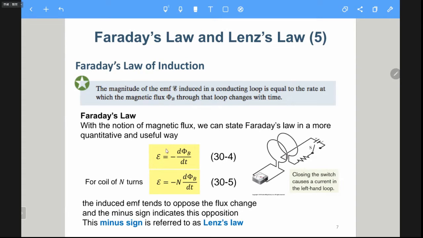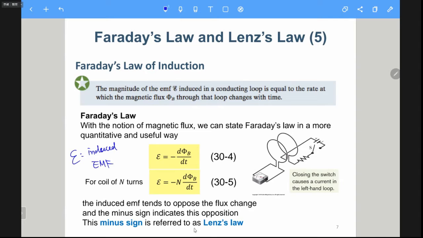So E is the EMF, and Φ_B is the magnetic flux. Then we take the derivative of the magnetic flux with respect to time, with a minus sign, which will be the induced EMF. The induced EMF is opposite to the flux change, and the minus sign indicates the opposition.